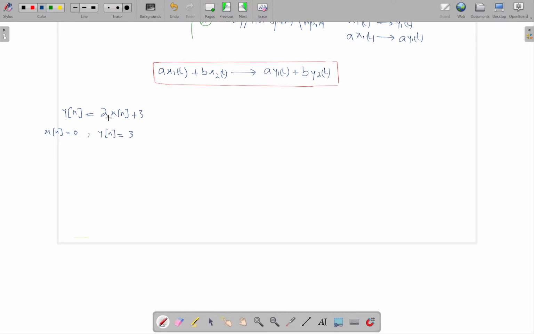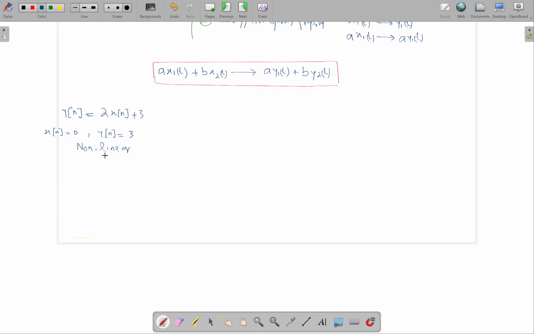Okay, so 2 times 0 is 0 and plus 3 is there. So what we can say is that for a 0 input, my output is not 0. So based upon this, I can simply say that my system is non-linear.